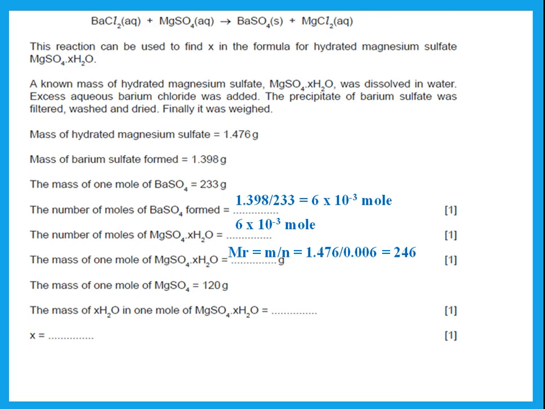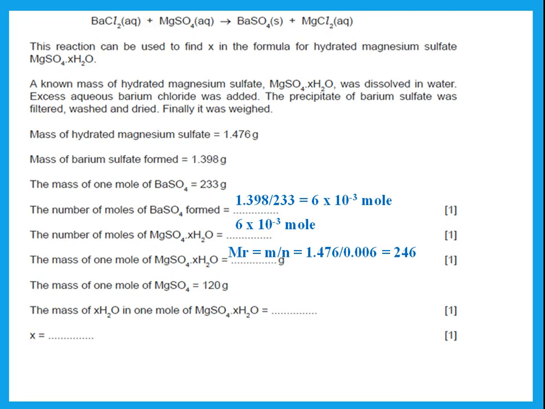The mass is given on top. The mass of hydrated magnesium sulfate is 1.476. And the number of moles I have already calculated, 6 times 10 to the minus 3, or 0.006. That gives me a molecular mass of 246. So now I know that the total molecular mass of MgSO4·xH2O is 246.